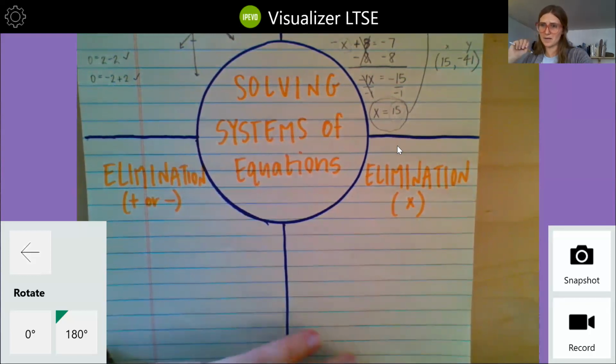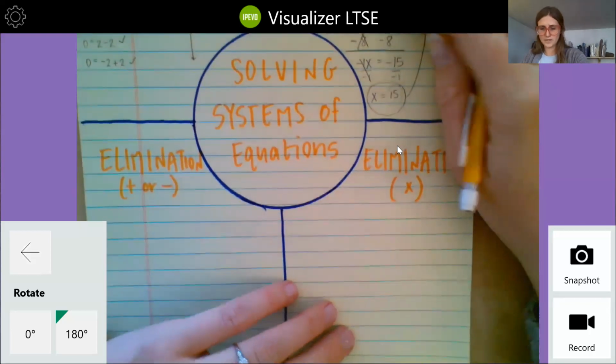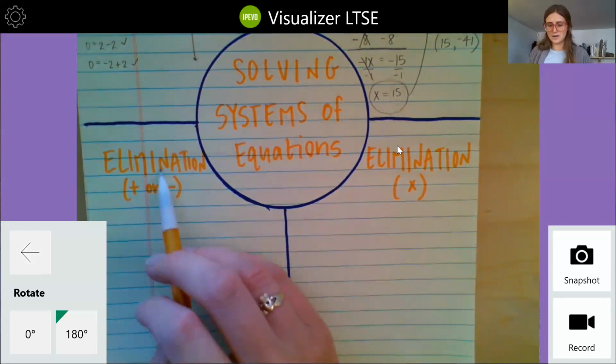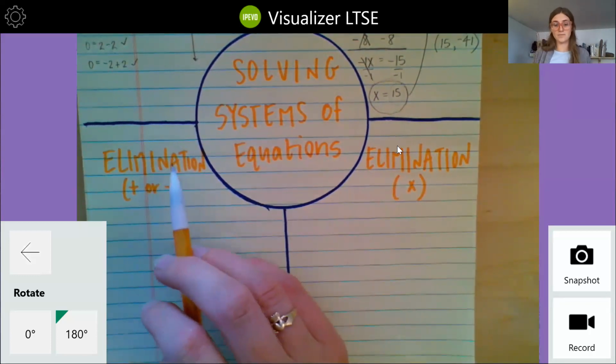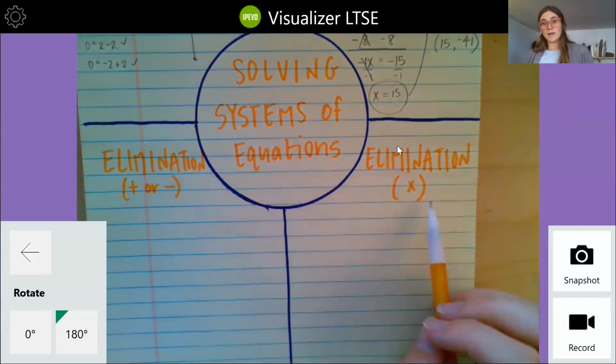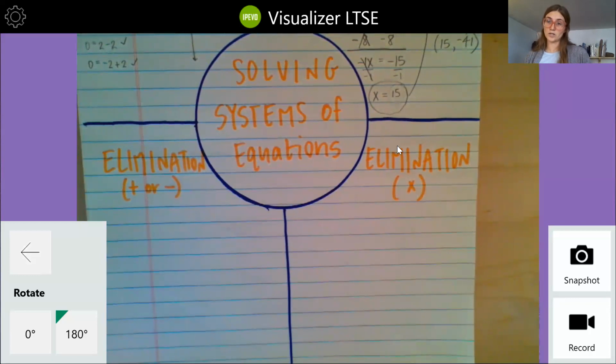That'll make more sense in a minute. So we're going to first look at elimination using addition. And then we'll look at elimination where we have to multiply the equations. But I'll start doing those in the follow-up video.